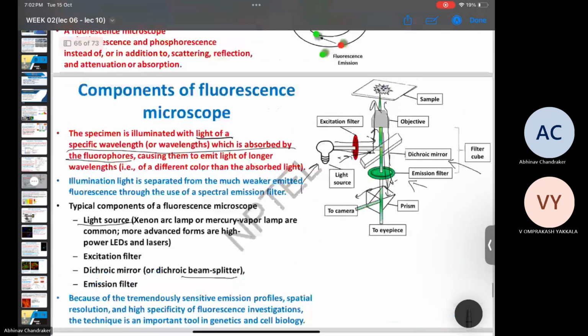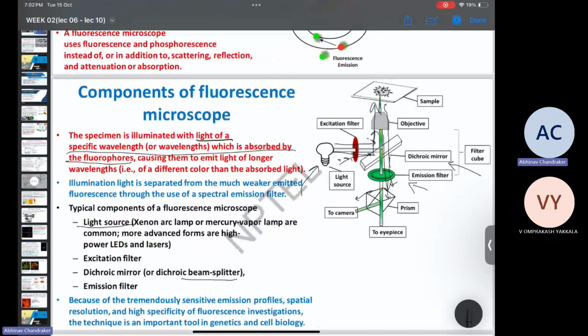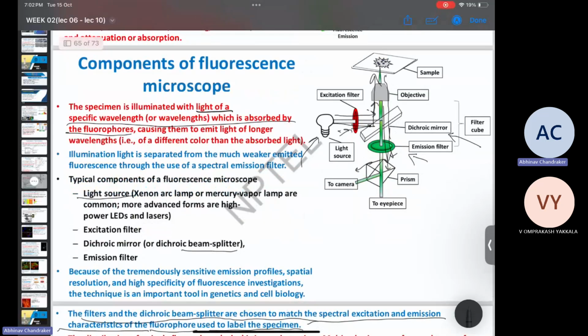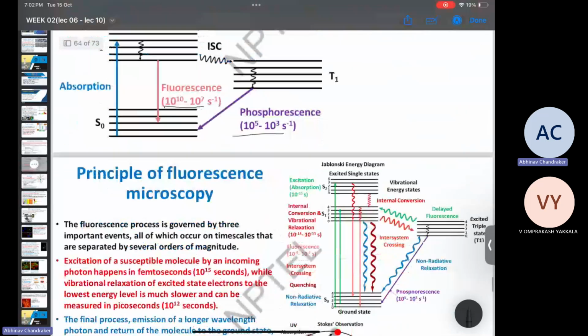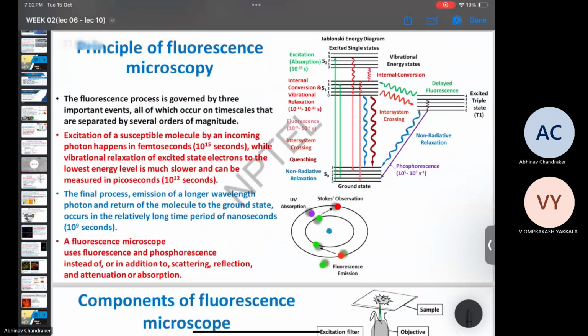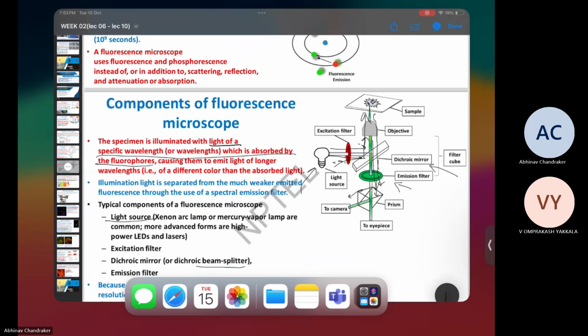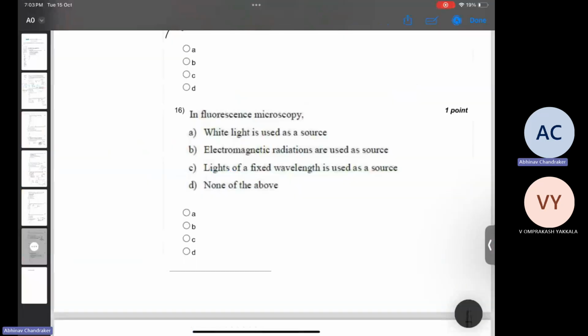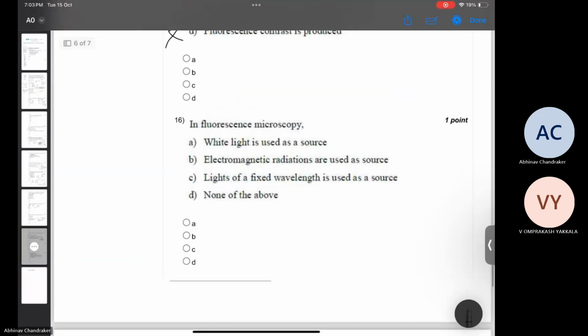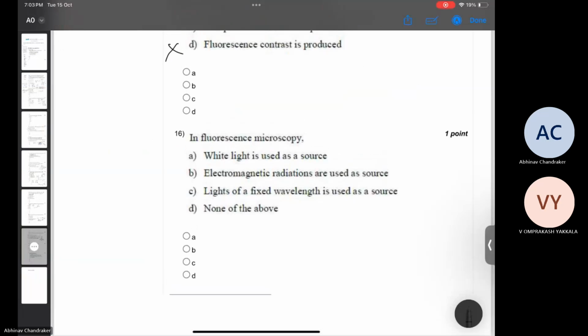But for this fluorescence to occur, there are certain molecules of fluorophores which will give rise to this fluorescence process, and they require light of a specific wavelength only. So this will be the source that we use. So I think the correct option should be C here: light of a fixed wavelength is used as source.